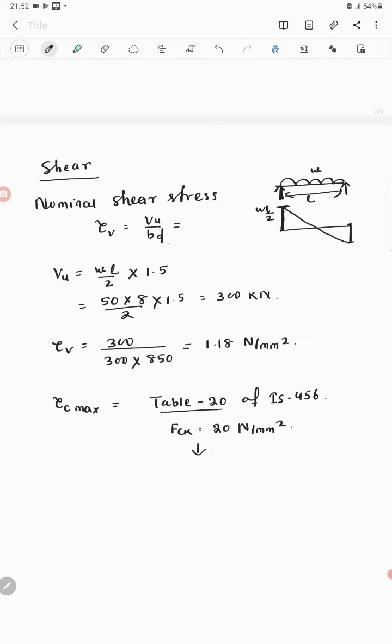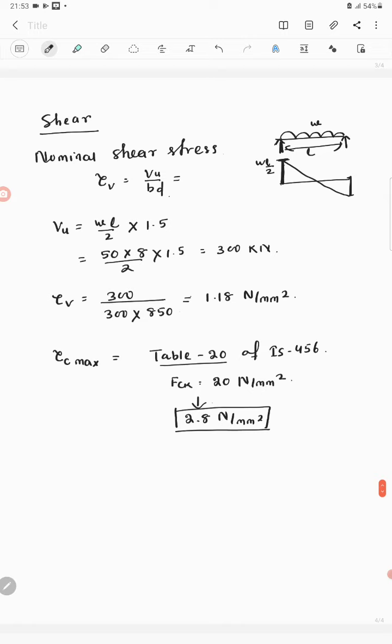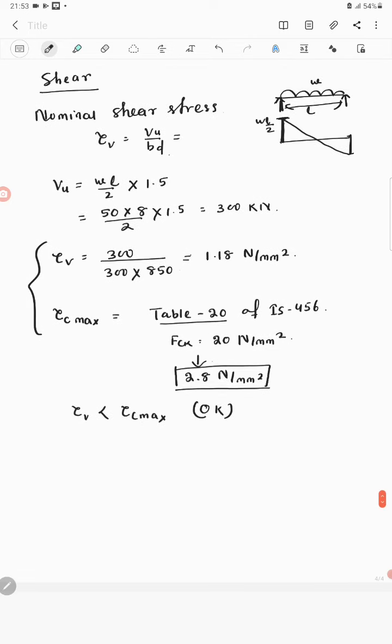That you can get from table number 20. So this is 2.8 Newton per mm square. Okay, now as per the code, we have to check first whether this nominal shear stress value is greater than tau c max. So this is less than tau c max, so this is okay. If it is more than tau c max, then we have to redesign the member.